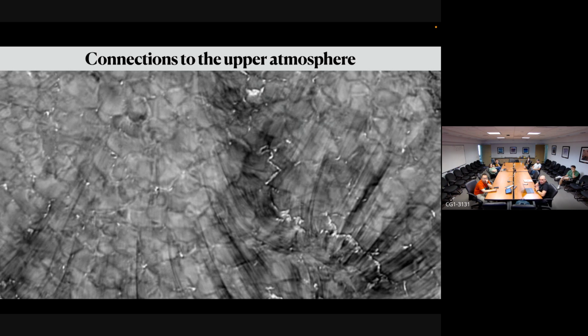We have lots of fine scale, very long fibrils there. And again, the question is, is there any connection between photospheric striations and these fine scale magnetic structures which we have in the chromosphere and possibly in the corona as well?